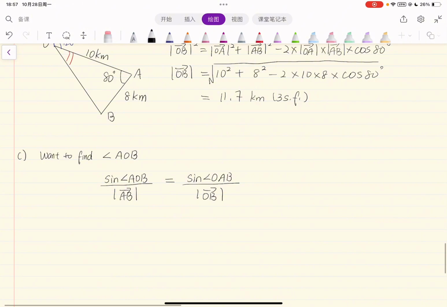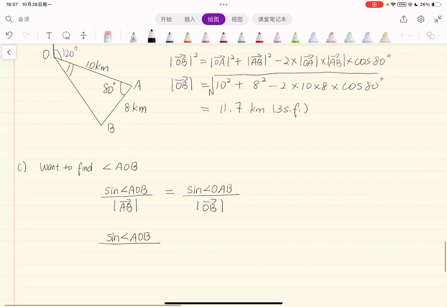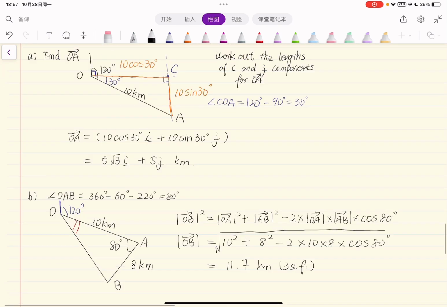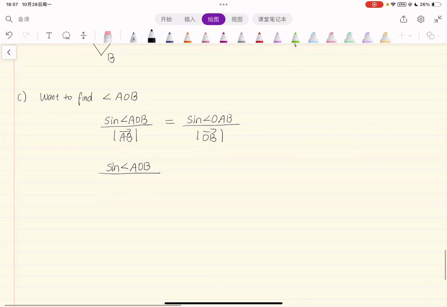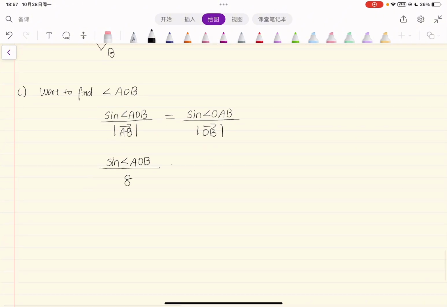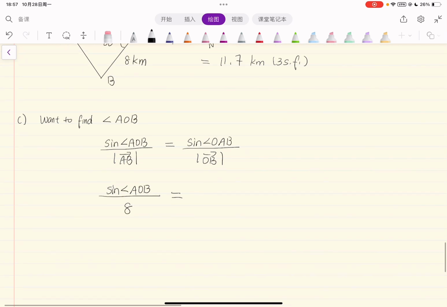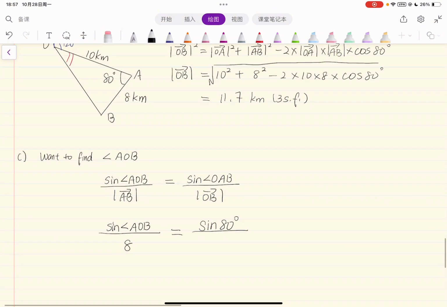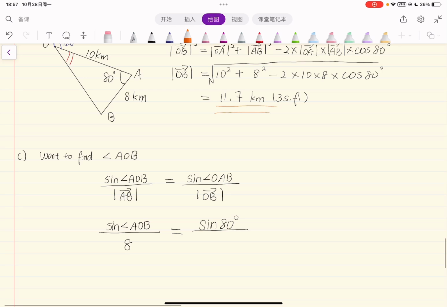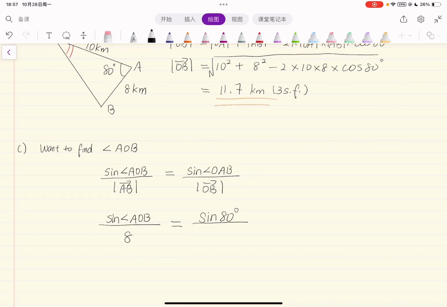We have sine angle AOB over the magnitude of AB, that should be 8, equals sine angle OAB, which we know is 80 degrees, so sine 80 degrees over the magnitude of OB, which we have from question B is 11.7.